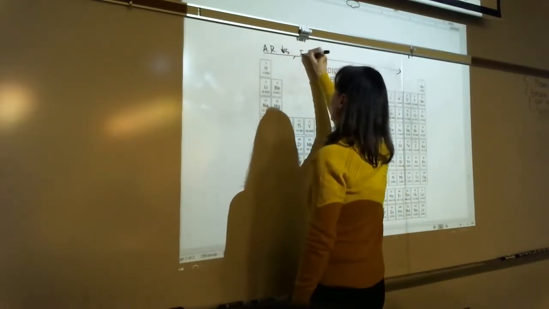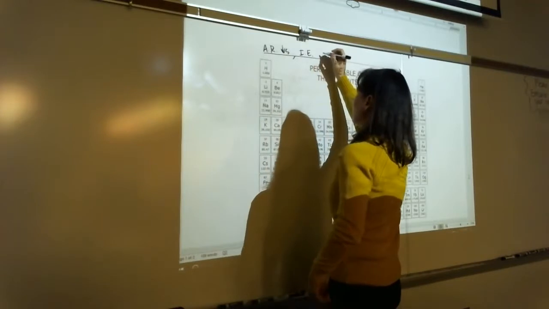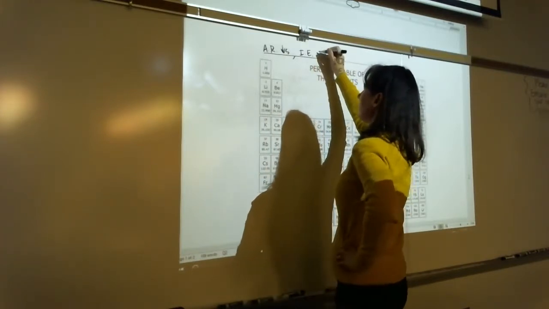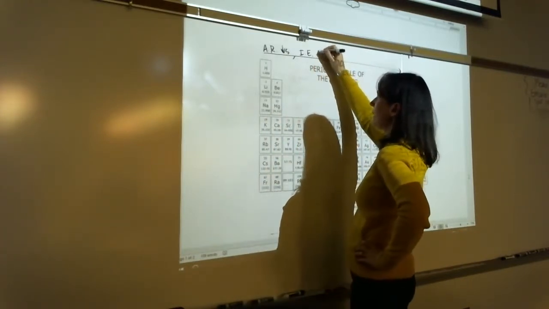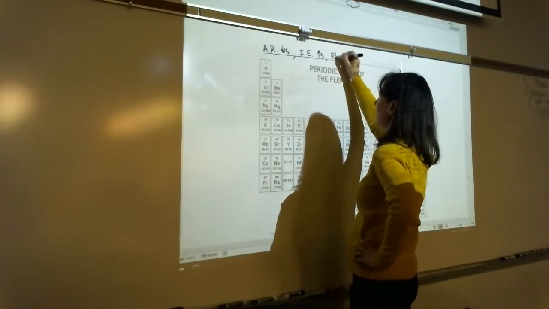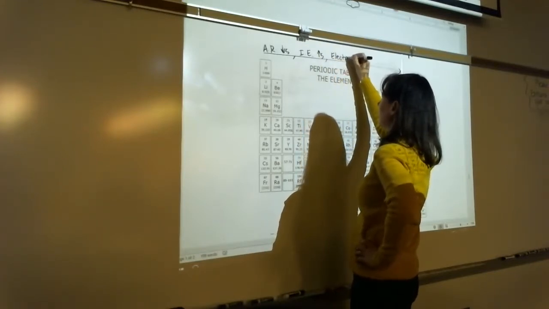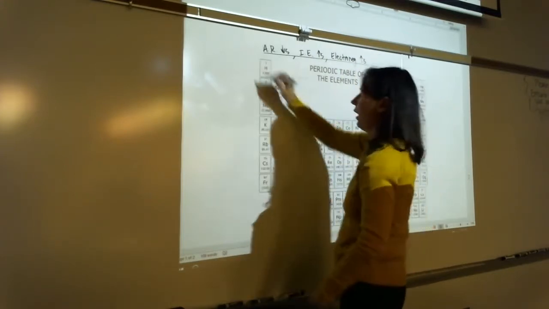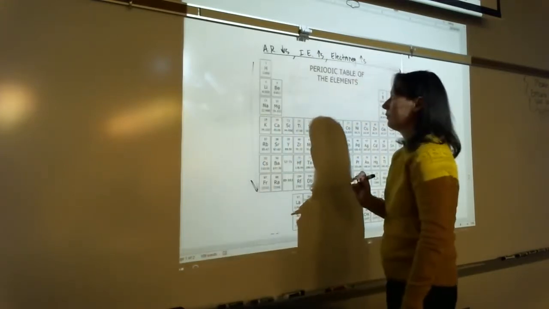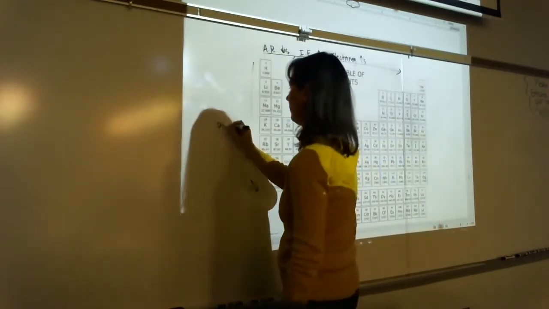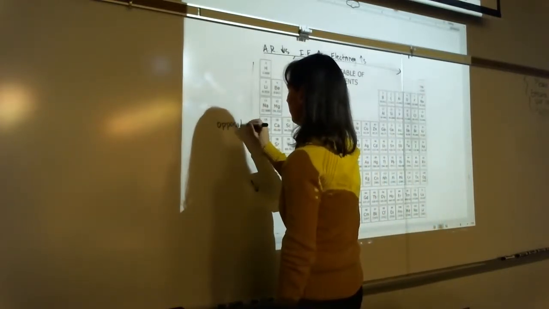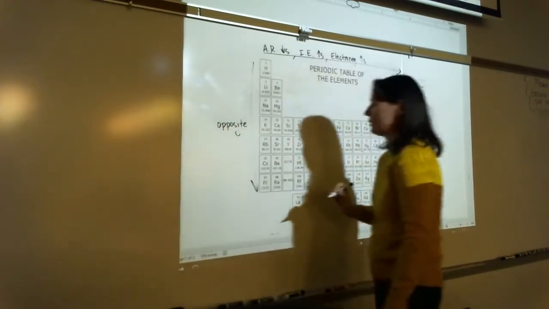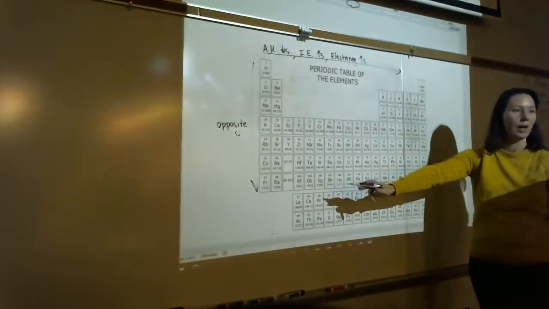What about ionization energy? Look at your handout. Increases. What about electronegativity? It increases. And then going this way, it would all be the opposite. That's nice because if you remember it one way, you just know it's the opposite going the other way.